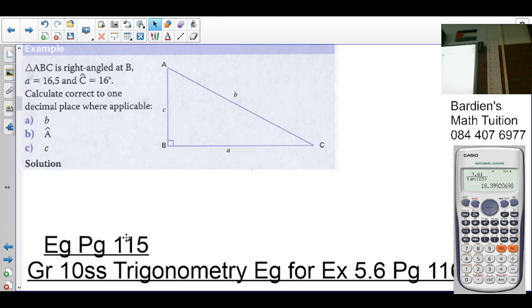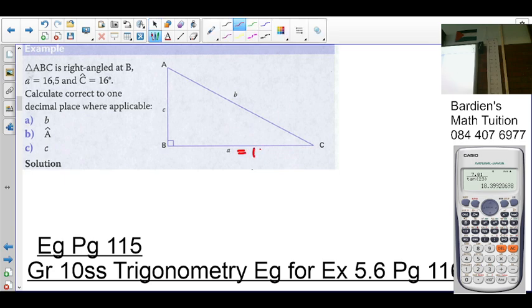We are told that triangle ABC is a right angle triangle at B. So the angle B is 90 degrees. Then we are told that lowercase a is 16.5, so that I can write in here. Then you've got angle C, which is 16 degrees. Calculate, to 1 decimal place, lowercase b.